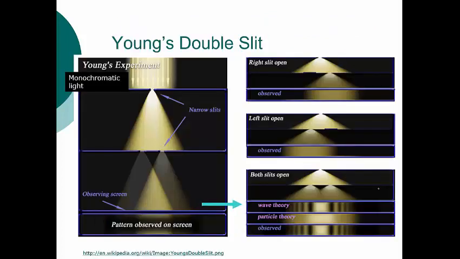So this is just another representation of Young's double slit, where we have, probably most importantly, the difference between a double slit and a single slit. If we have a single slit, then we just see some light that appears on the screen, but there's not an interference pattern. You see the aqua arrow pointing to the wave theory. That's what we actually see.